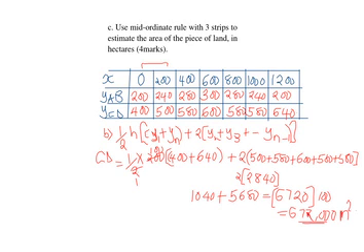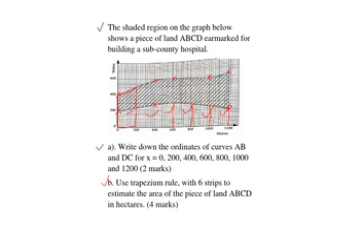So we find the area of the curve AB, then we'll subtract from the area of the curve CD, since it covers everything, and we need the shaded part only.